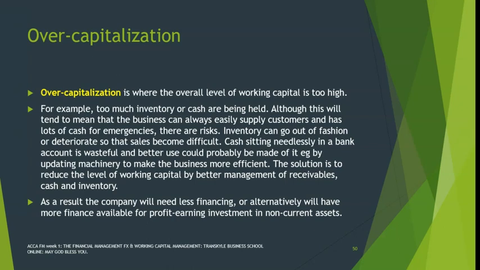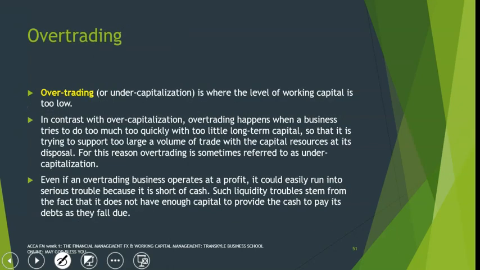The solution is to reduce the level of working capital by better management of receivables, cash, and inventory. As a result, the company will need less financing or alternatively will have more finance available for profit-earning investment in non-current assets.